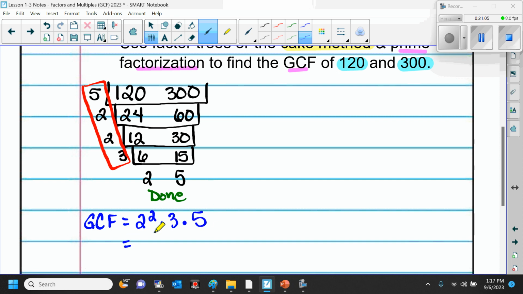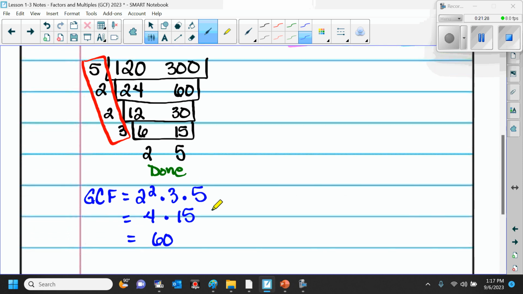So 2 squared is 4. That's 2 times 2. And then 3 times 5 is 15. And 4 times 15 is 60. So the greatest common factor between 120 and 300 is 60.